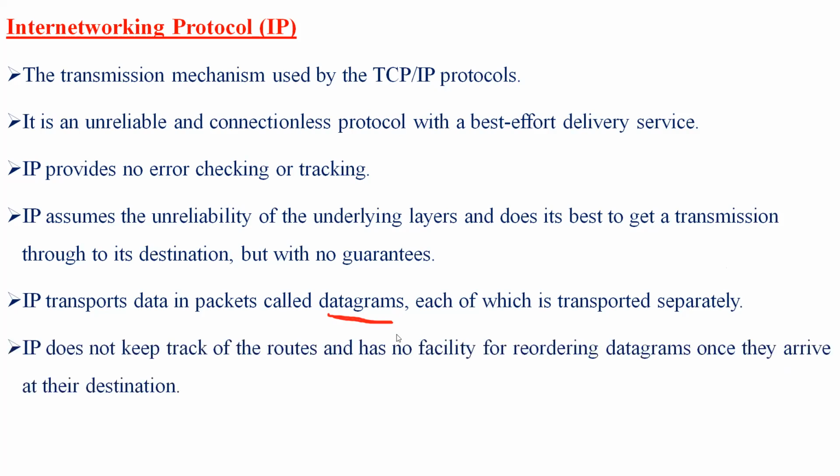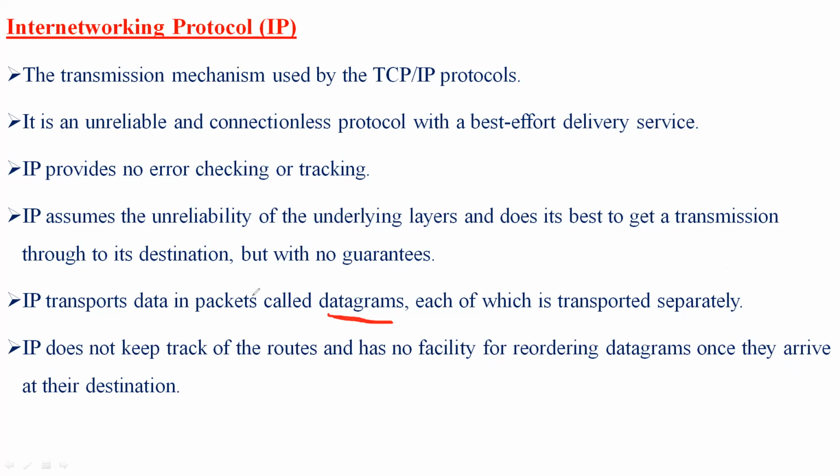IP doesn't keep track of the routes and has no facility for reordering the datagrams once they arrive at their destination. As I said, the networking protocol will have a route, and based on that route it will eventually create a host to host communication.